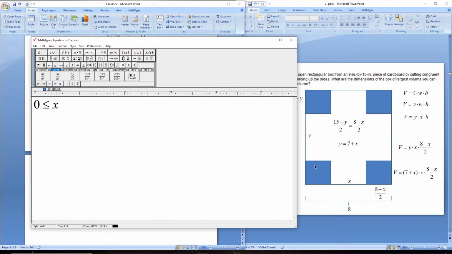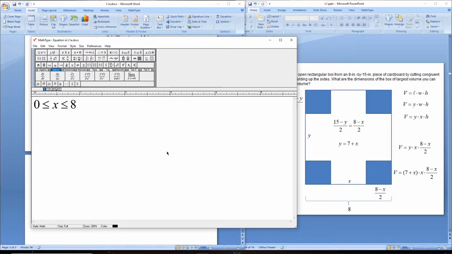Now, how large could x be here in this picture? Well, we surely can't go beyond 8. In other words, how can x be larger than 8? That means, again, we'd be cutting like negative squares out or something. So if x goes to 8, that would mean we're just cutting nothing then.